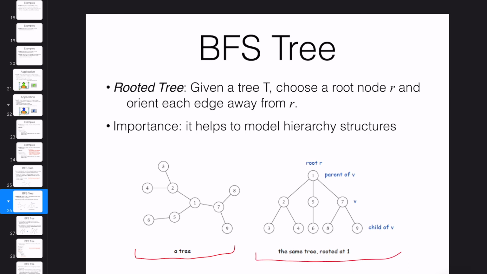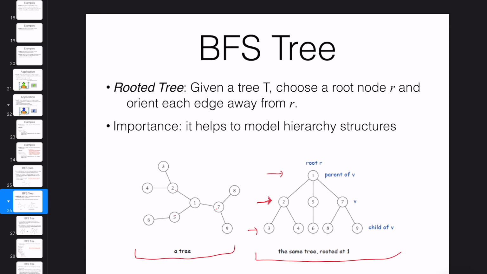For example, if I take 1 and order the nodes based on their distance from node 1, you will see that 2, 5, and 7 will be at the next level. So the first level is going to be node 1. All the nodes which are connected to 1 directly are going to be at the next level, and then the rest of the nodes which are connected to these are going to be at the next level, and so on. So it gives you a form of a hierarchical structure, right?